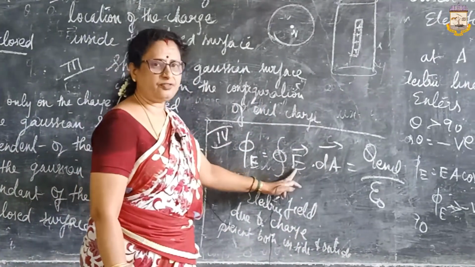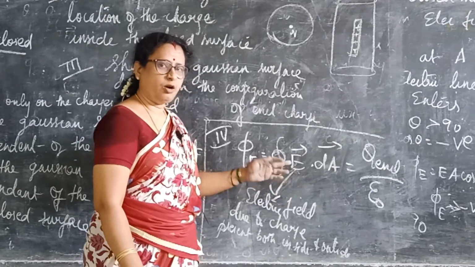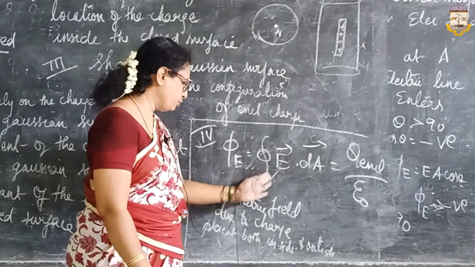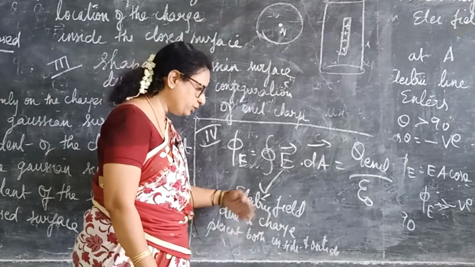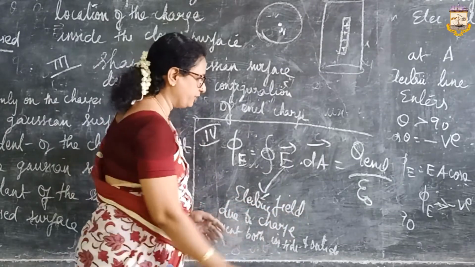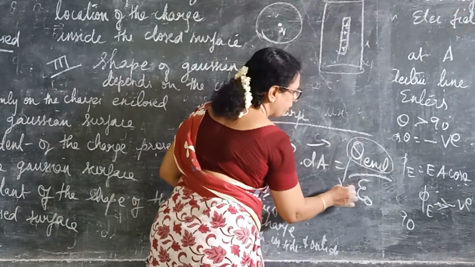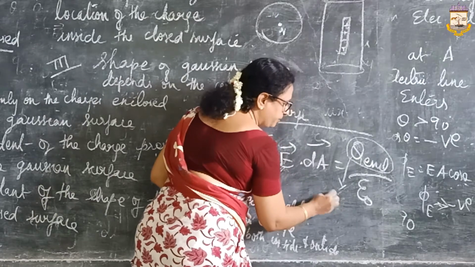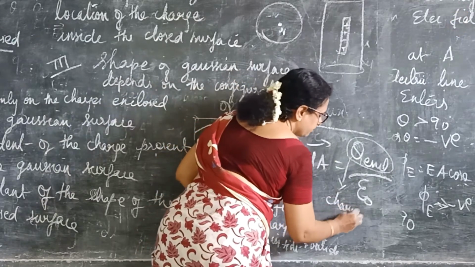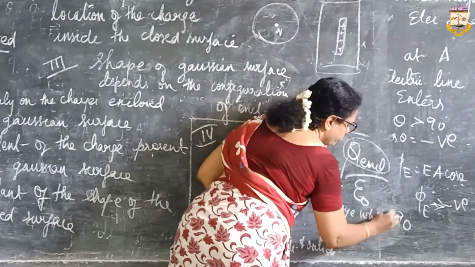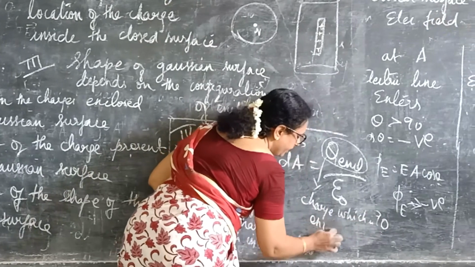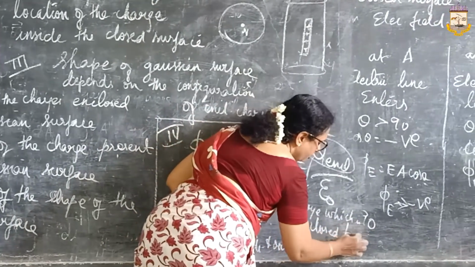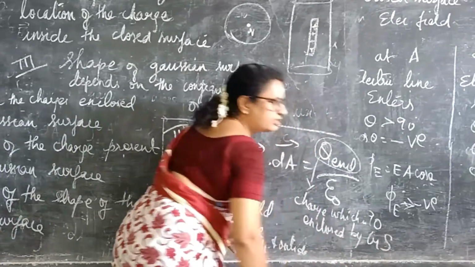So this electric field may be due to all the charges present both inside and outside the Gaussian surface. But this Q enclosed only represents the charge which is enclosed by the Gaussian surface.